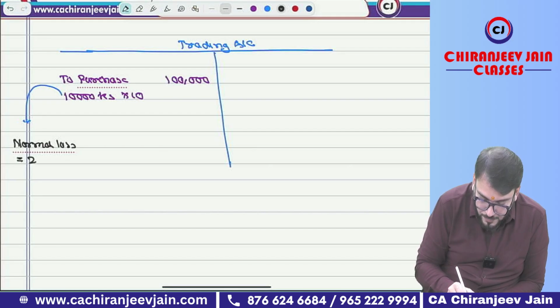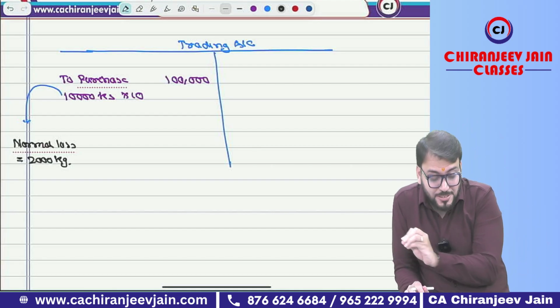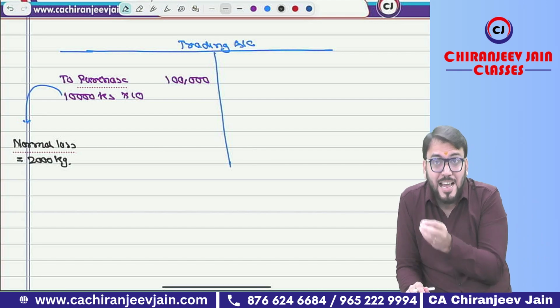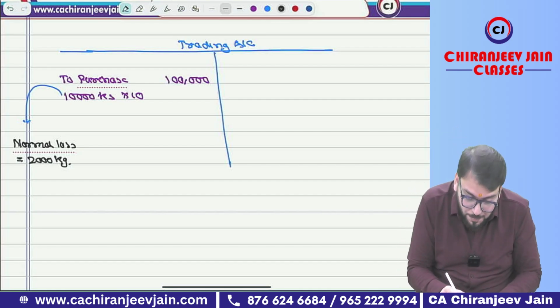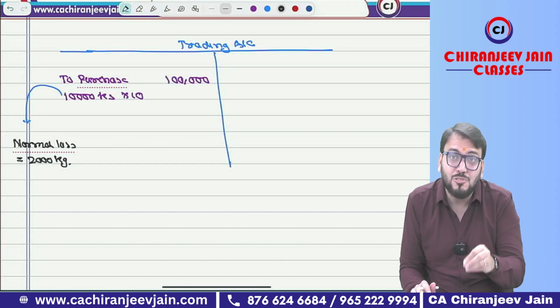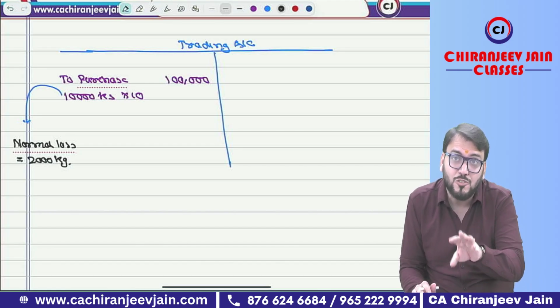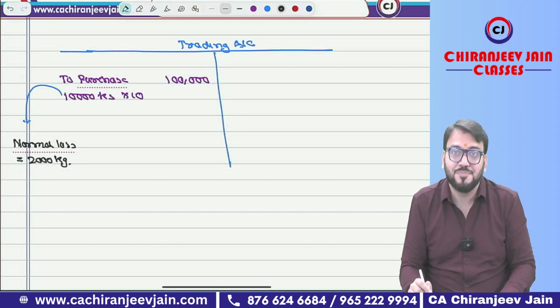Let's say 2000 kg. If there is a normal loss of 2000 kg, actually it means you are purchasing 8000 kg. Because normal loss of 2000 kg was due to inherent nature of goods and you know this much loss will happen. Means effectively you are purchasing 8000 kg.